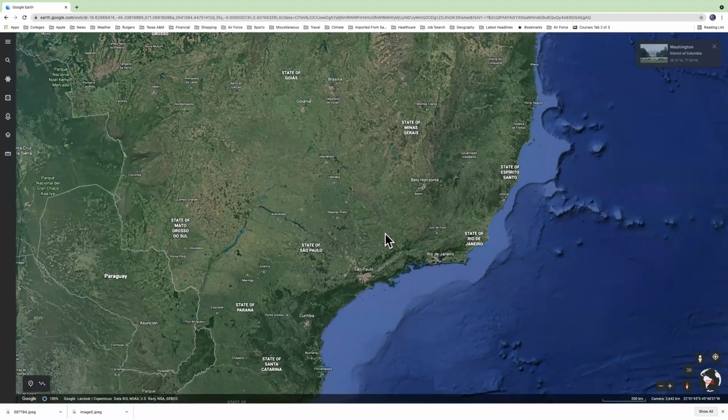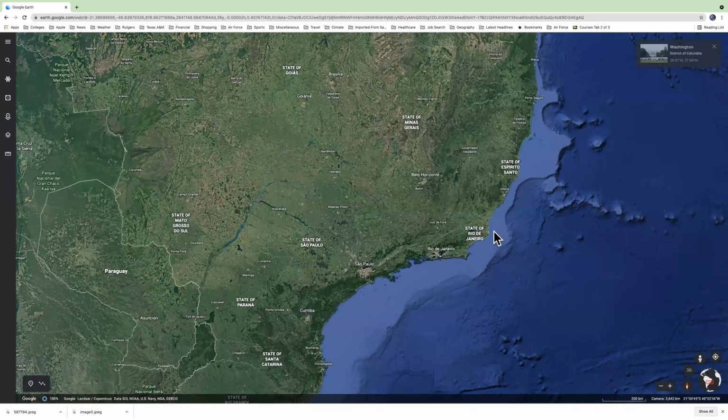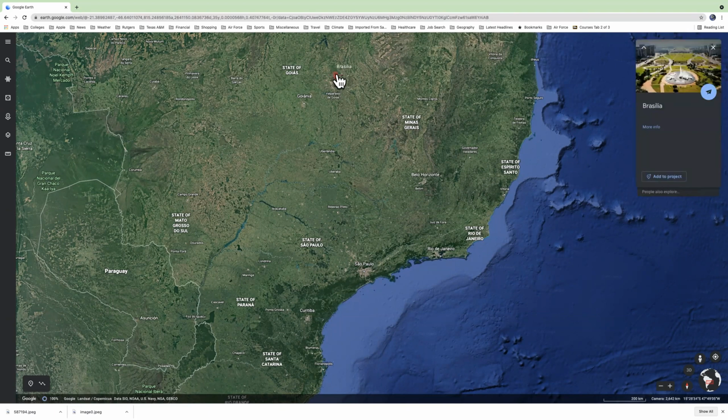But the two biggest cities are Rio and Sao Paulo. Right there, Rio and Sao Paulo. So the majority of people were concentrated in these two locations. So Brazil decided to basically invent a new place towards the Amazon, and they called it Brasilia. And that's how you spell it. There you go.